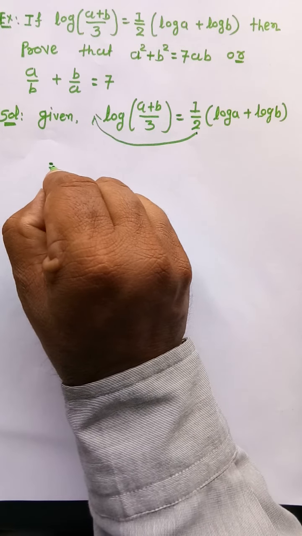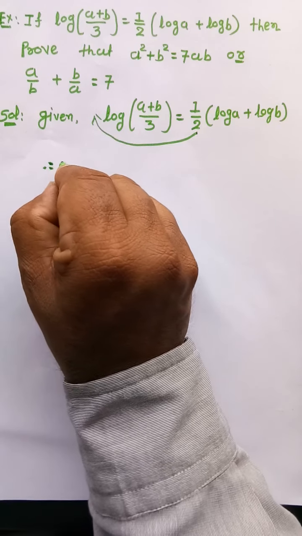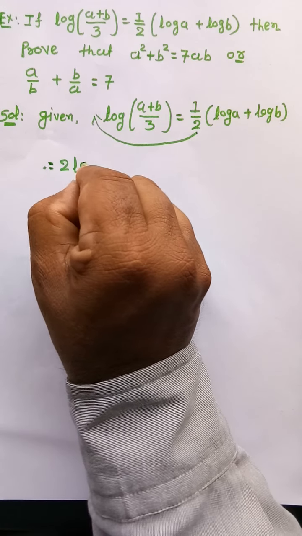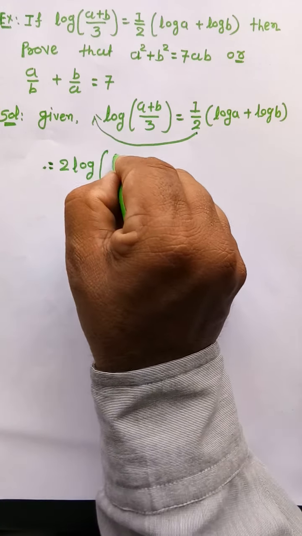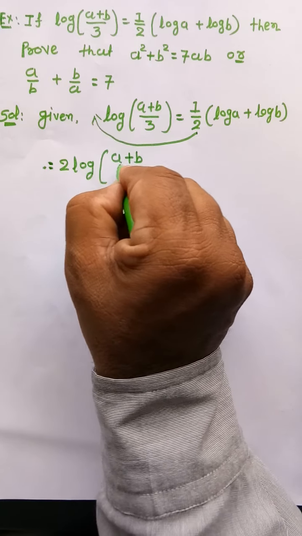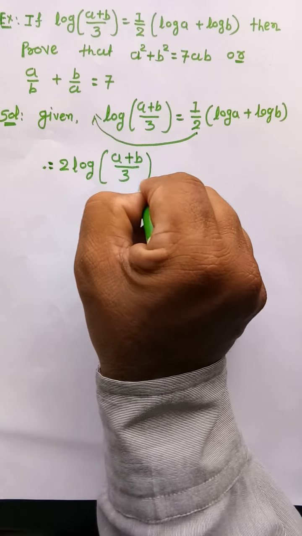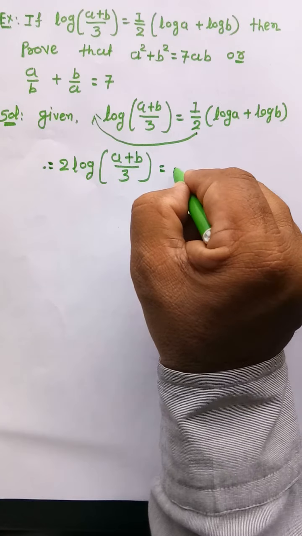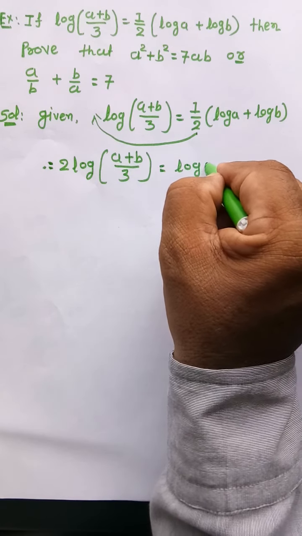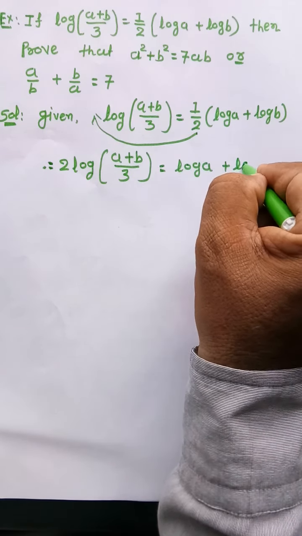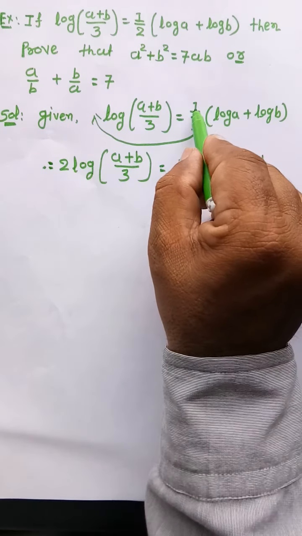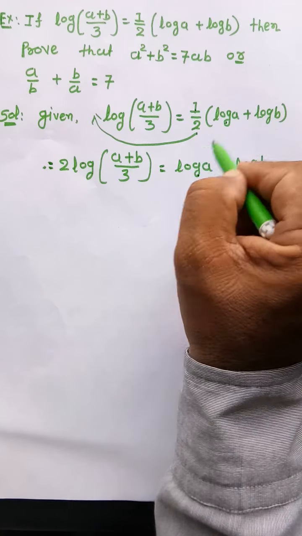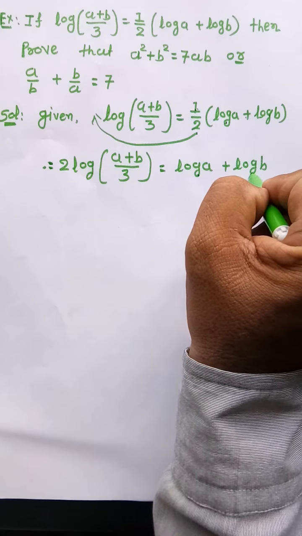So 2 log (a plus b by 3) is equal to log a plus log b, because 1 multiple log a is equal to log a plus 1 multiple log b is equal to log b.